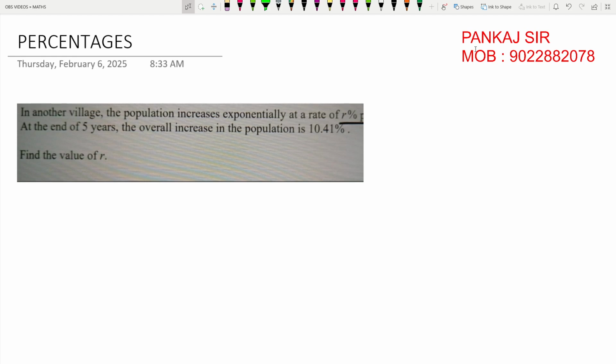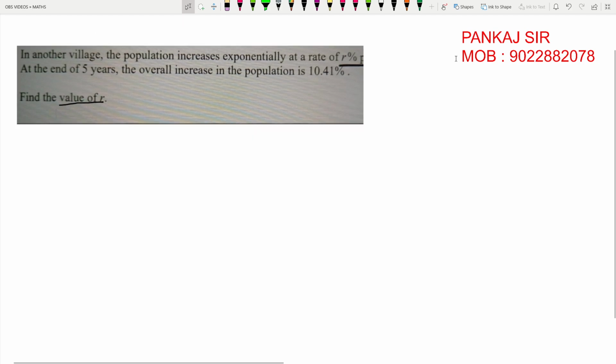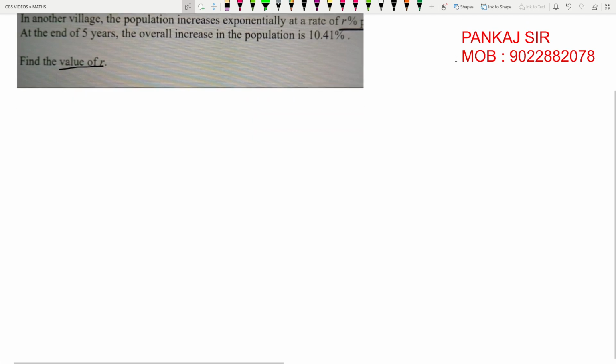Now, if you go by this question, it says that in some village, the population increases exponentially at a rate of R% per annum, and at the end of 5 years the overall increase in the population is 10.41 percentage. You have to find the value of R. So you are supposed to find the value of R. Okay, so let us see how we can solve this question.